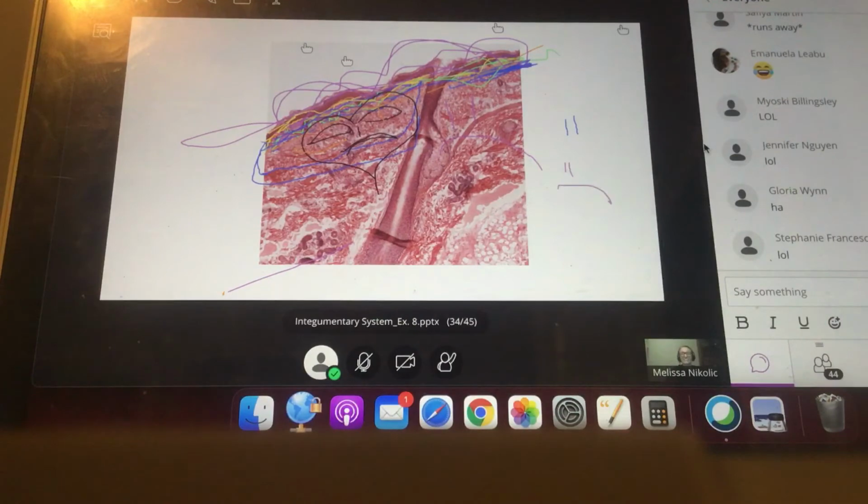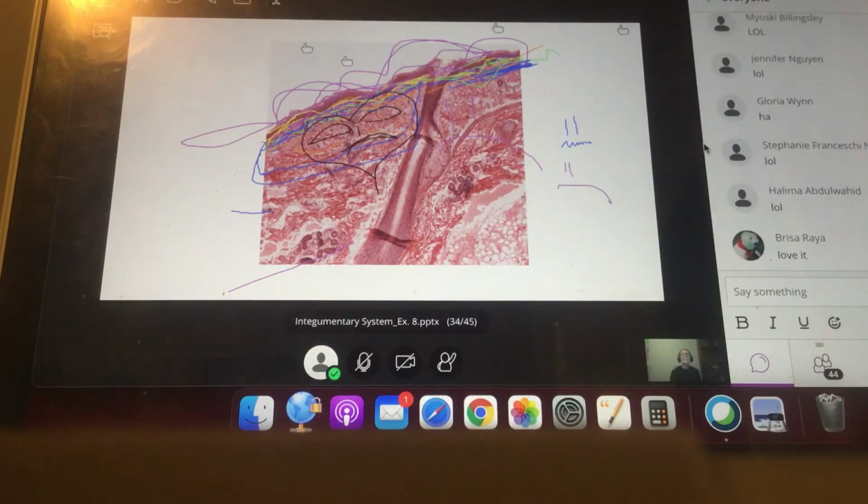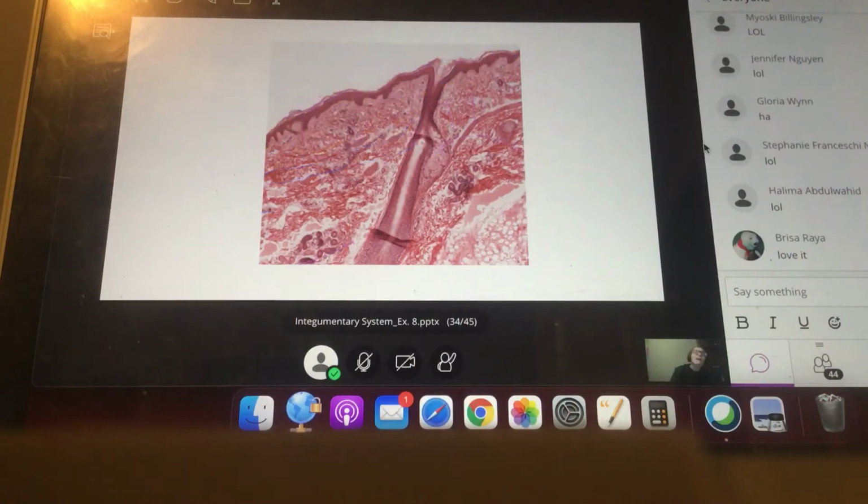All right, guys, follow me. There's a very thin layer. That's the papillary layer. And remember, the papillary layer is going to be that areolar connective tissue, because areolar connective tissue is the connective tissue that attaches to that epithelial layer, right? It's really not that big. The papillary layer is just not that big.